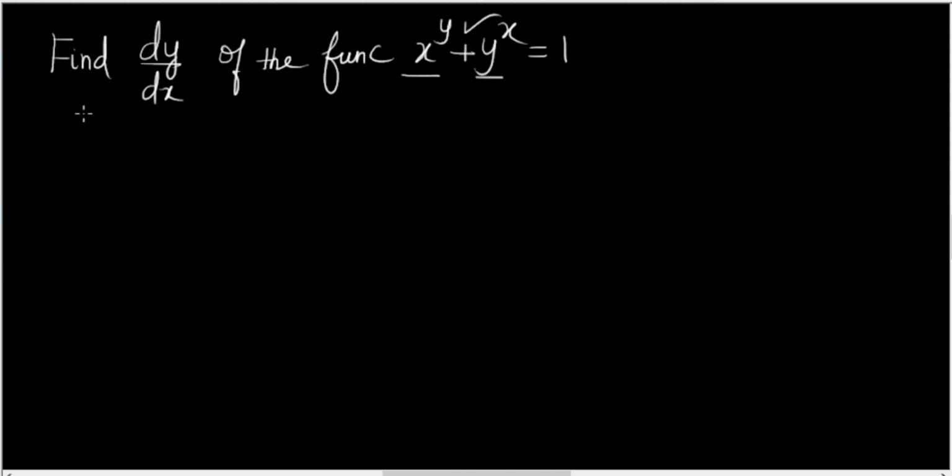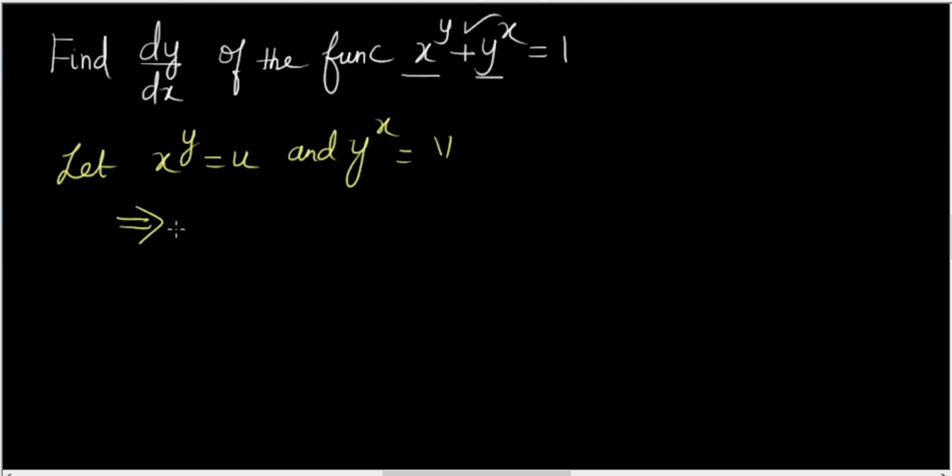So we are going to assume them individually. So let our x power y be u and y power x be v. So our given question actually becomes u plus v equal to 1.